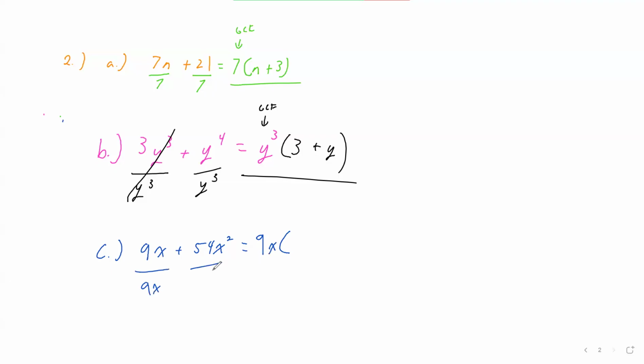Okay. When everything cancels, what's left? What is 9 divided by 9? 1. So if all the numbers and all the letters cancel, there is still a 1 left over. This one you do write because there's no letters left.